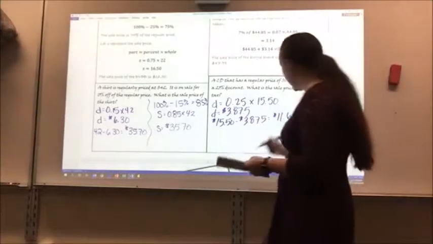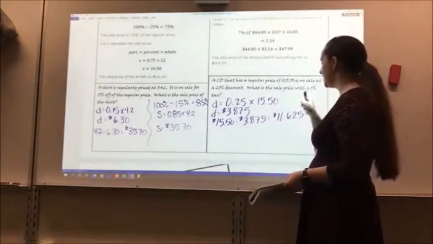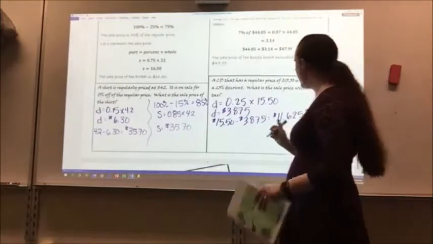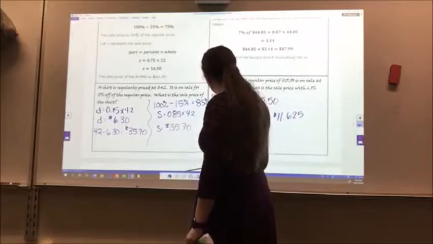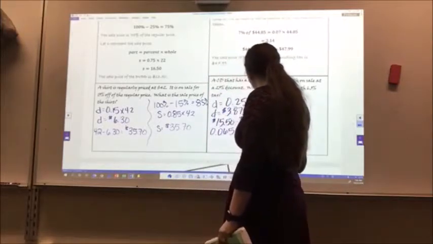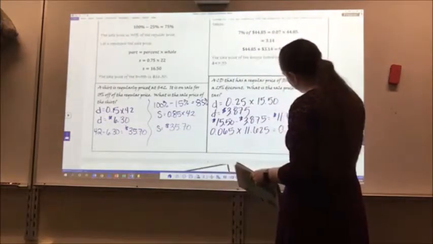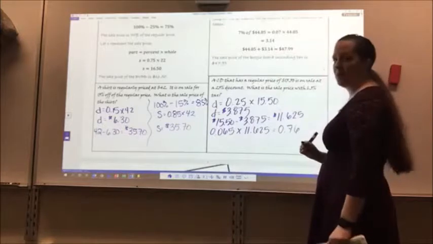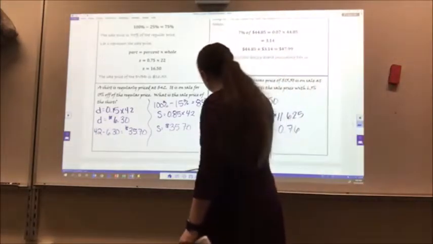Then I'm going to take the sales tax and multiply it by the price. So 6.5% becomes 0.065 times 11.625, which will give me 0.76. And I add that 0.76 to the price, because it's a sales tax.